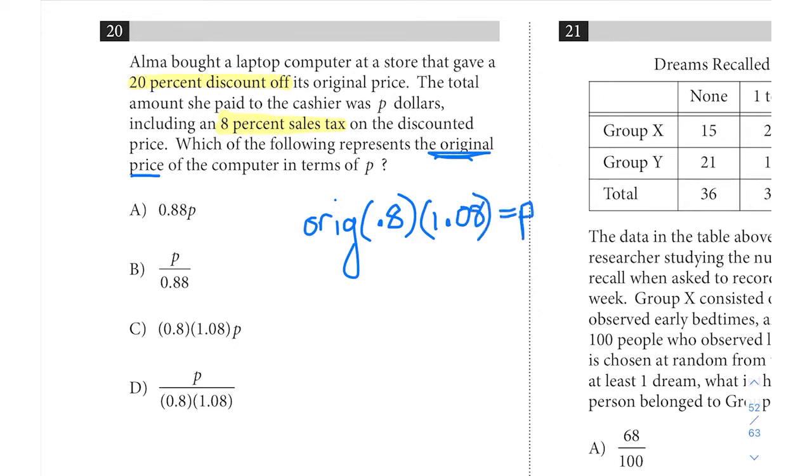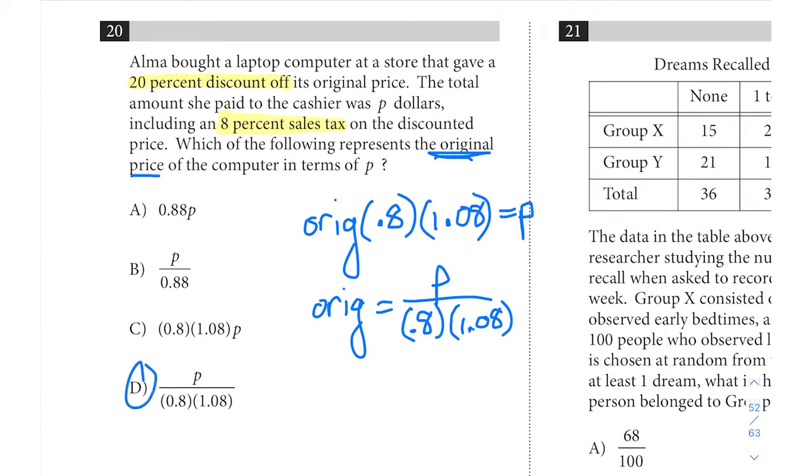And that will equal our new price, which they tell us is P. So then to solve for the original, we divide both sides by 0.8 times 1.08, and our original is going to equal P over 0.8 times 1.08, which matches up with what we see in answer choice D.